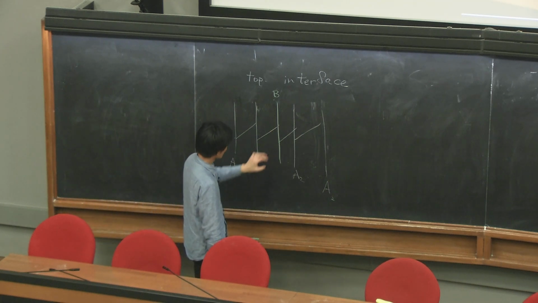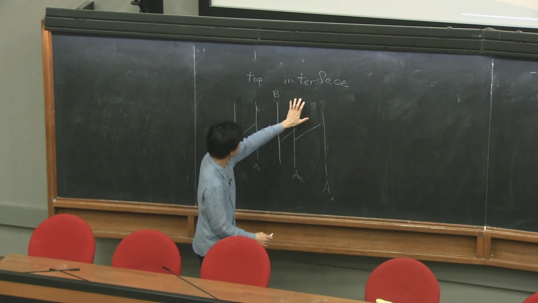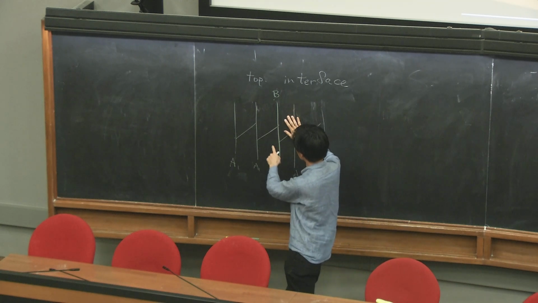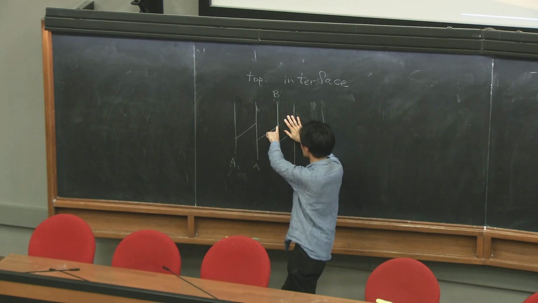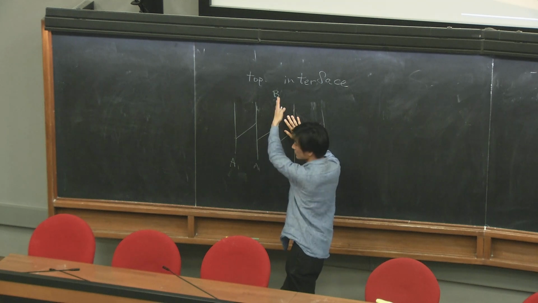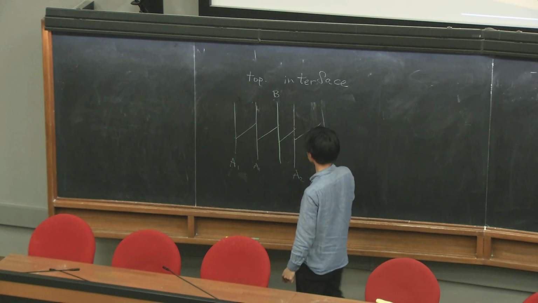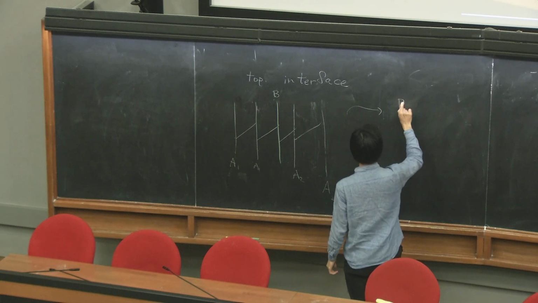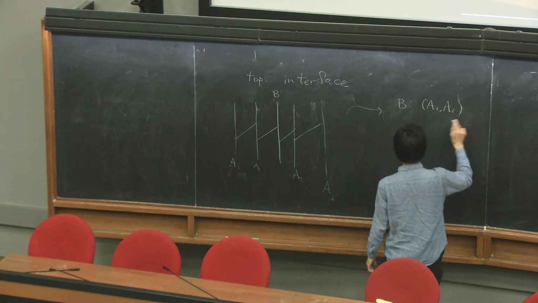This is just a two-sided version of what we did. In the morning we were talking about just the boundary, and we said that we want a consistent action of A1 on B. Now we have two sides, so it corresponds to the A1, A2 bimodule.